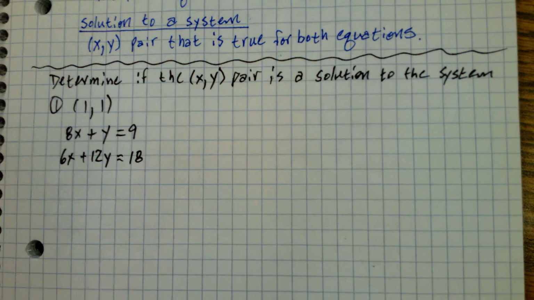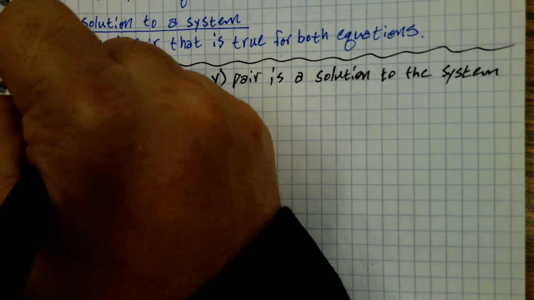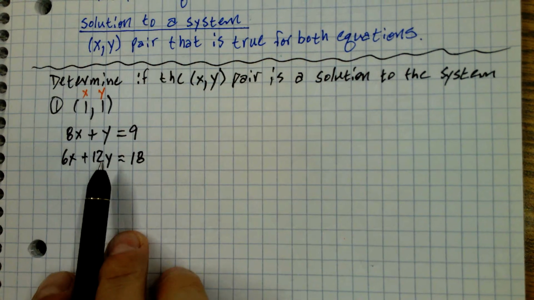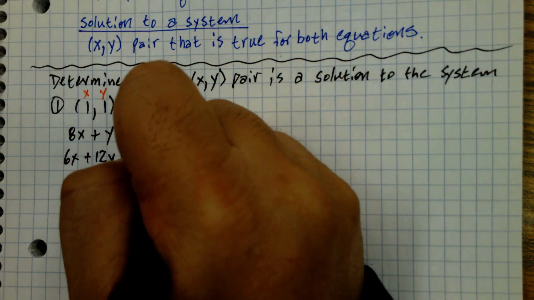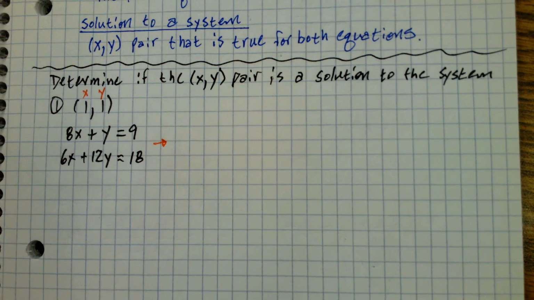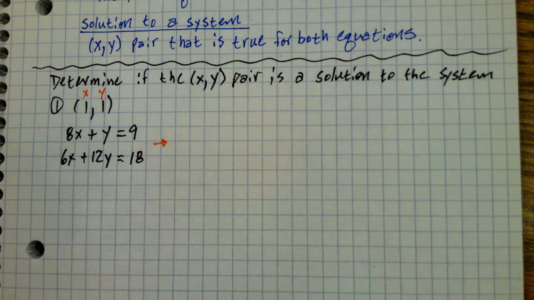All right. So let's see if we have a solution here. What I'm going to do is, remembering that this is my x coordinate, this is my y coordinate, I'm going to go ahead and substitute 1 and 1 for x and y. Okay? So it's just going to be about evaluating. And we've done a lot of evaluating.